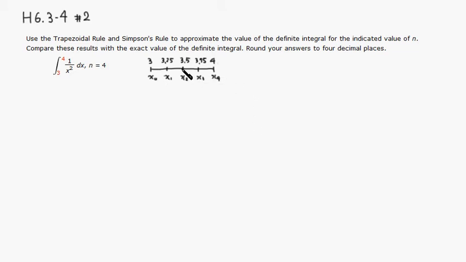We want to use T4. So let's find T4. It's going to be (b minus a) over 2n, that is 4 minus 3 over 2 times n, and n is 4 in this case.